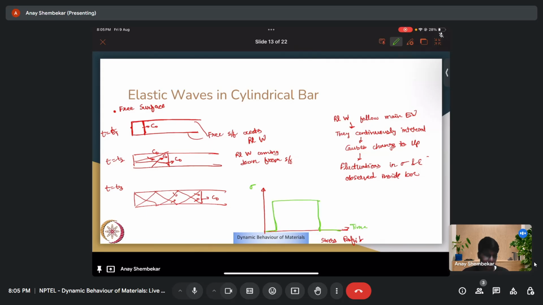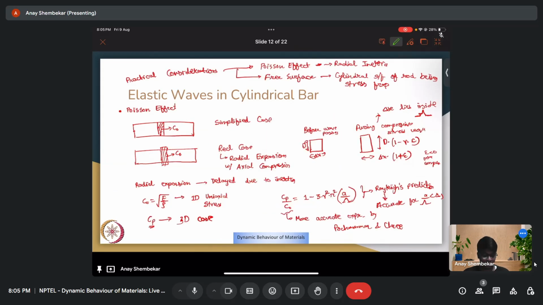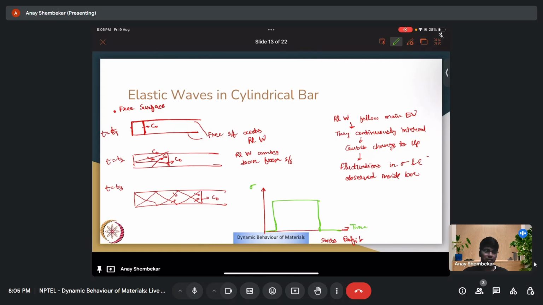This is in keeping with our analysis, which we have seen, wherein a projectile with velocity Vp impacted a target which was initially stationary.